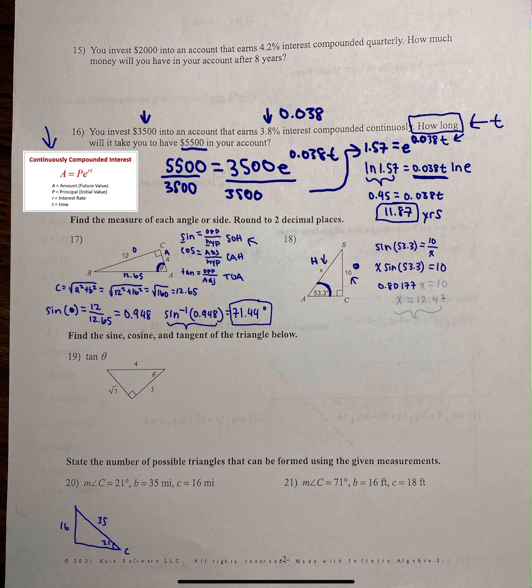So it's 0.80177. x times that equals 10, because we solved the sine. And then you just divide each side by the decimal.